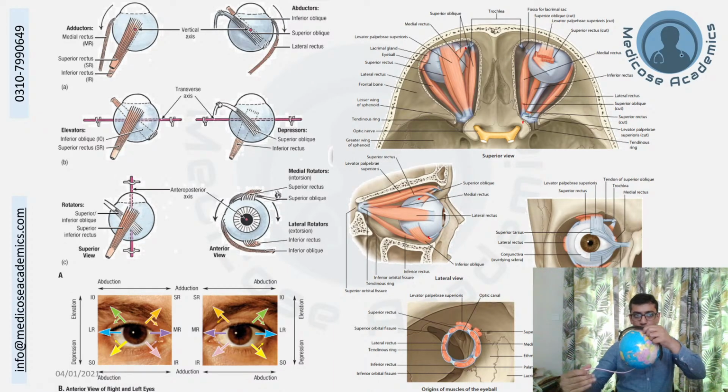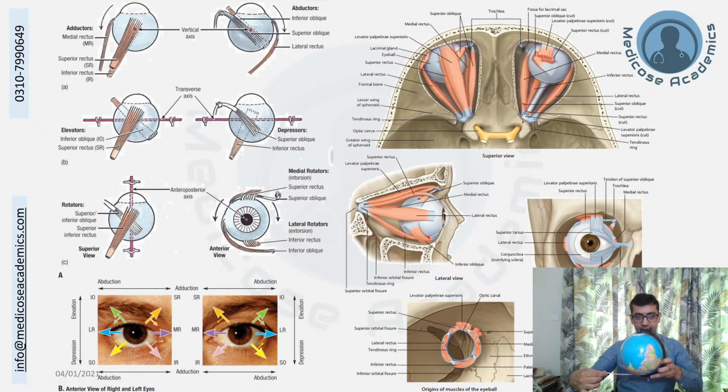This is anterior to the globe, my hand, the direction of pull. When it contracts, it will move the eye pupils, move the eye superiorly. It helps in elevation along the vertical axis here.